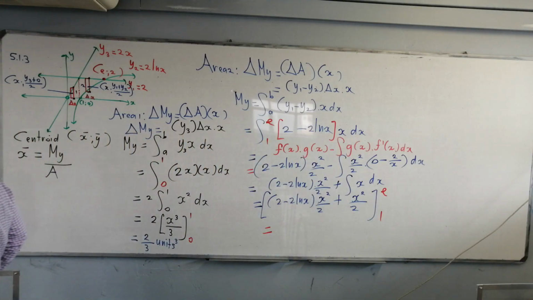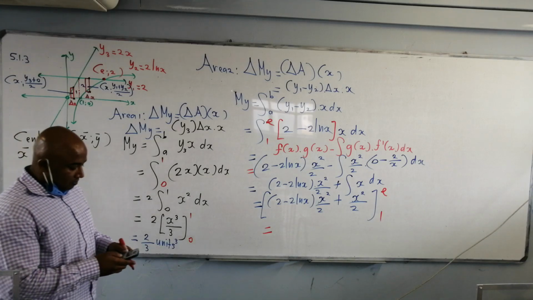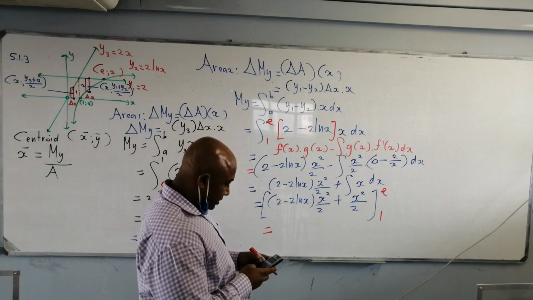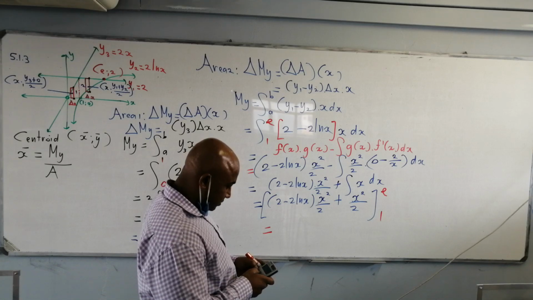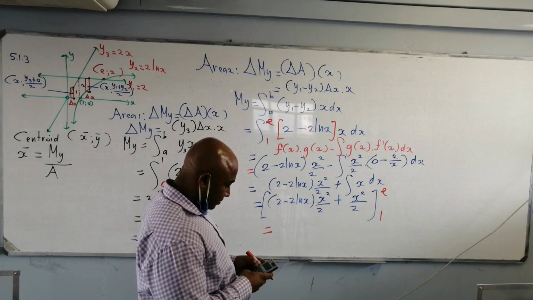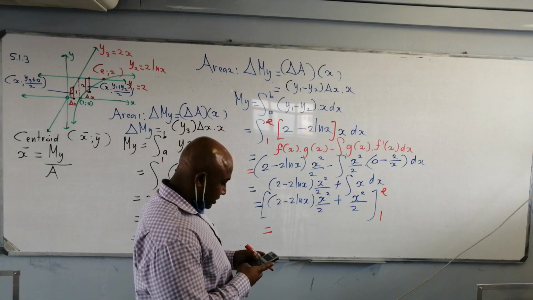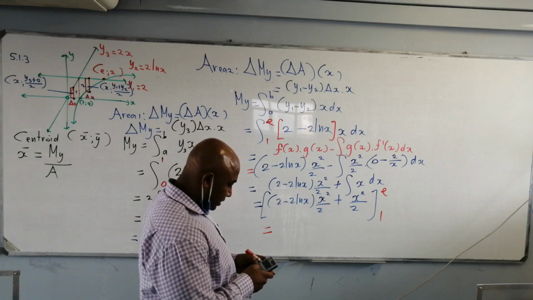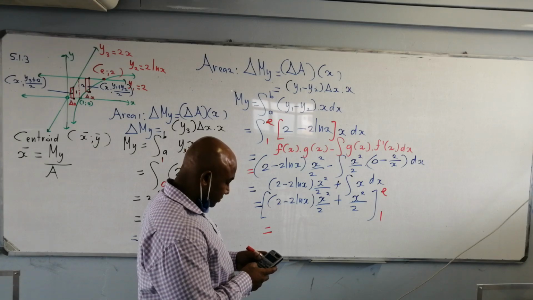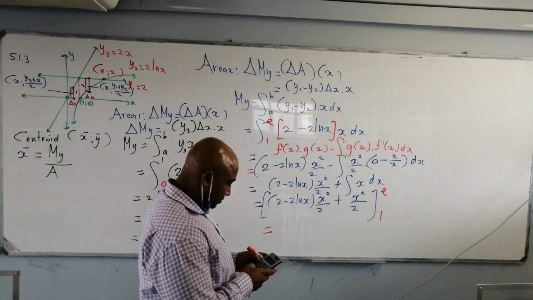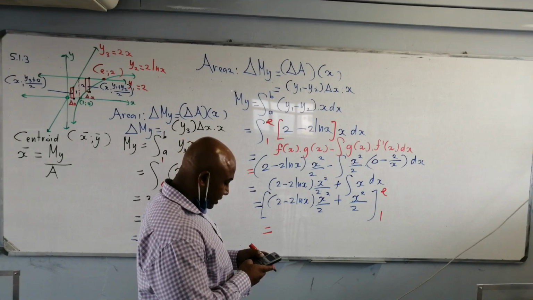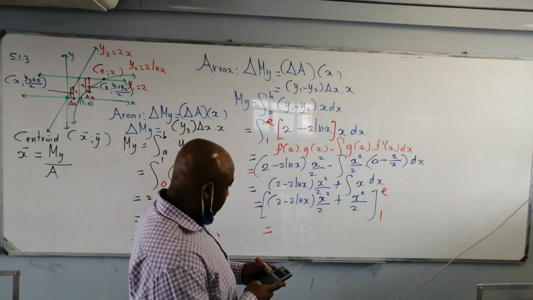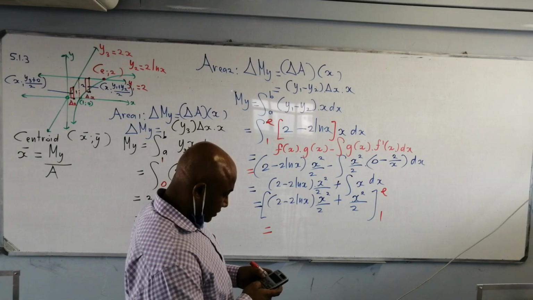Let's work it out. Let's see what we get. So we got 2 minus 2 ln x times x squared over 2, so that is x squared divided by 2 plus x squared over 2 again.